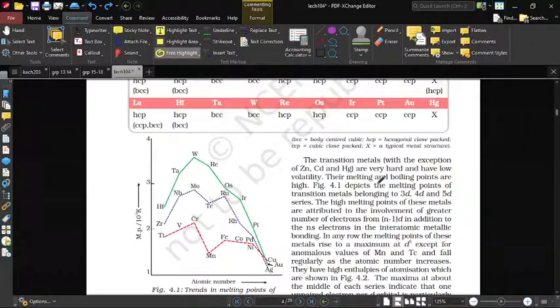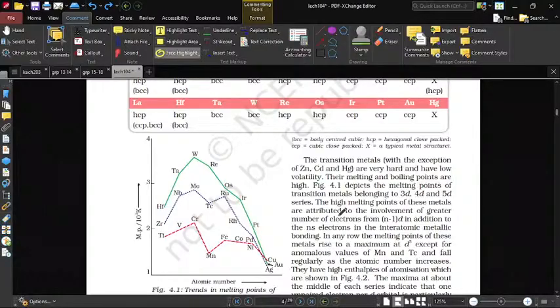Figure 4.1 depicts the melting points of the transition elements belonging to 3d, 4d, and 5d series. The high melting points of these elements are attributed to the involvement of a greater number of electrons from (n-1)d in addition to the ns electrons in interatomic metallic bonding.